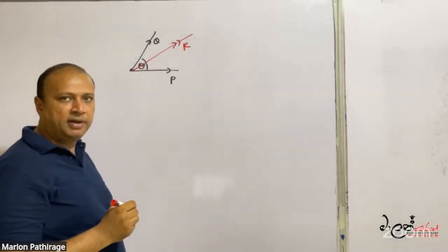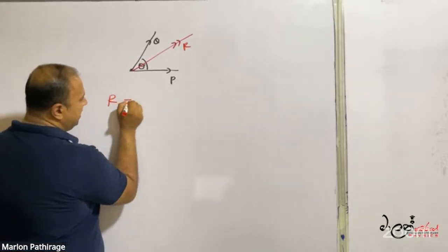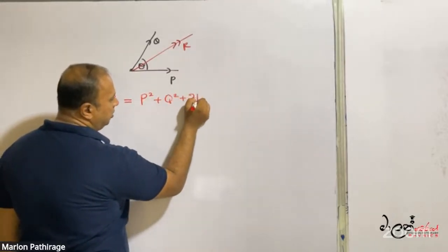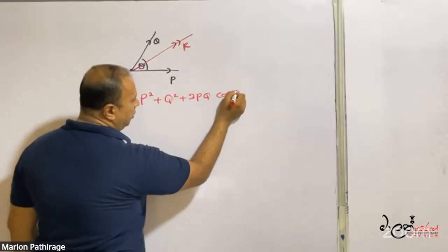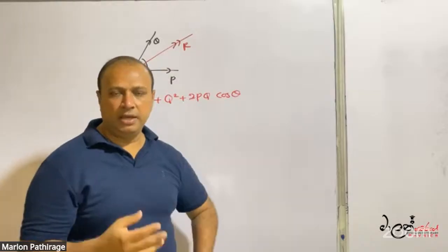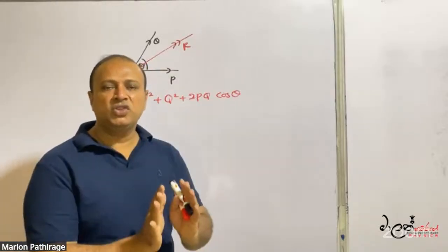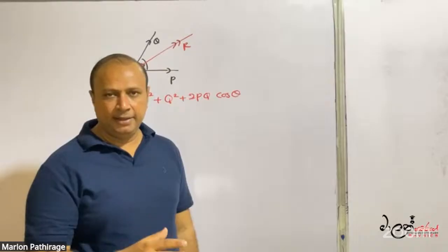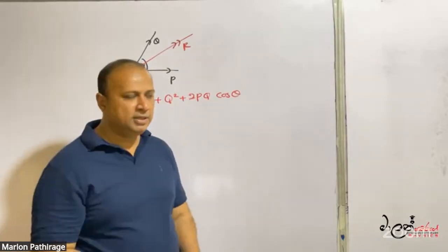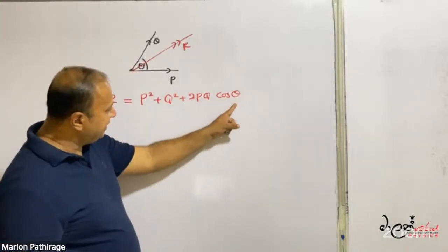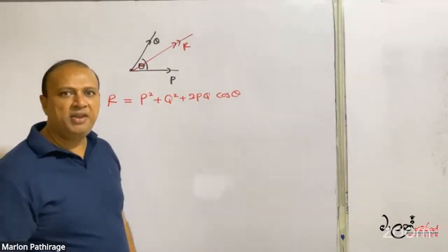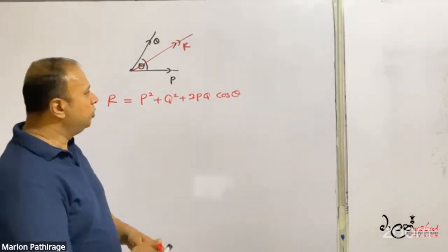According to the vector parallelogram theorem, the resultant R is equal to the square root of p square plus q square plus 2pq cos theta. Now, P and Q are given, so we know their values, but according to this angle, R may vary.